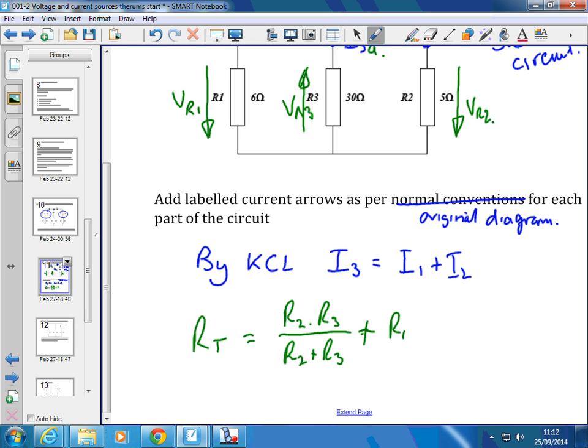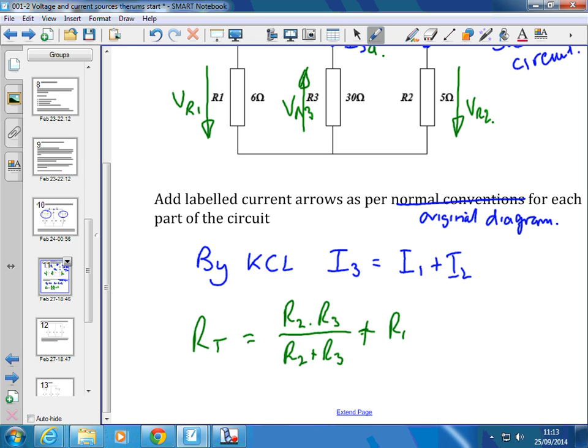Right, and for that type of circuit, one resistor in series with two others in parallel, perhaps you should get used to doing all that in one go, because there's going to be some mathematical techniques later on. We're going to have an expression for the whole circuit resistance or impedance in one go.